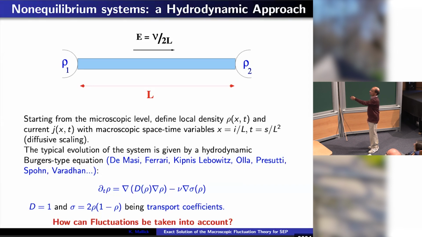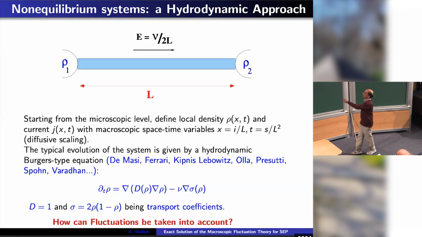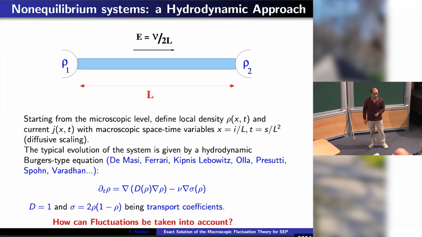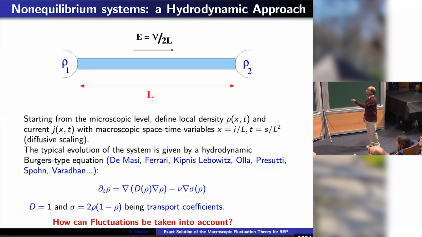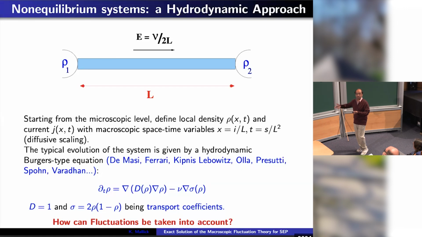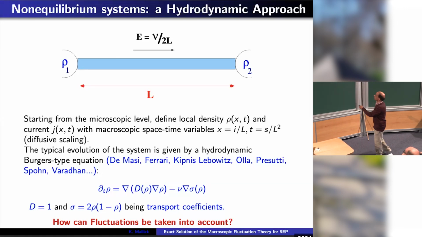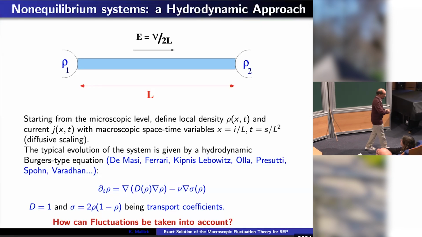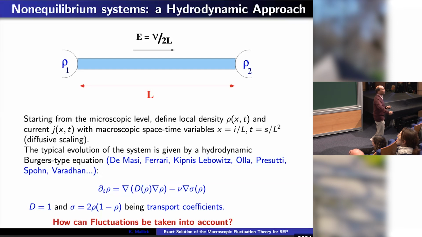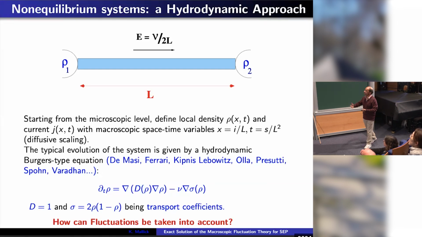And this continuity equation tells me that because density is conserved in the bulk, the time derivative of density is minus the divergence of a current, and the current has two origins: a gradient term, that's very natural, Fick, Fourier, whatever you like, and a term which comes from the fact that I have some asymmetry, some external field, so I have to multiply the field by the conductivity. So the current is just given by minus gradient rho plus sigma of rho times the field, where sigma is the conductivity.